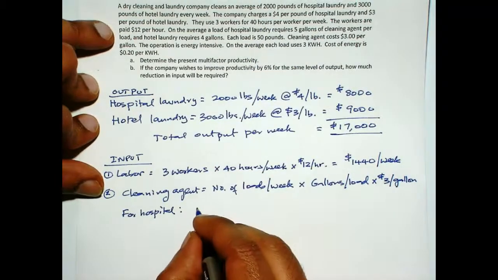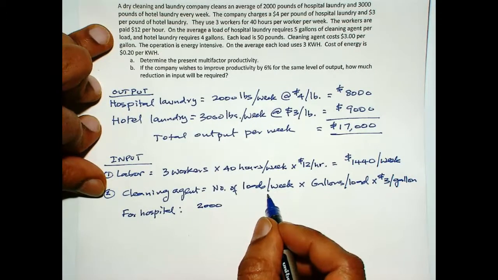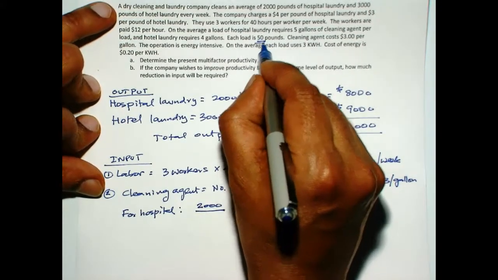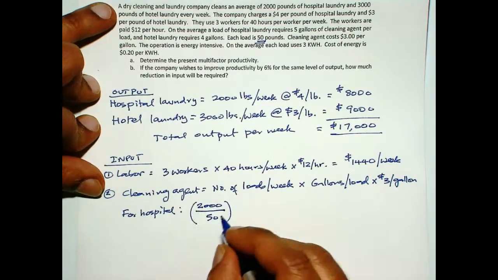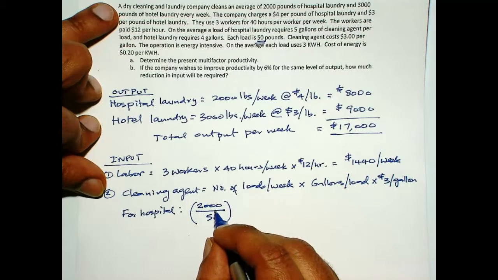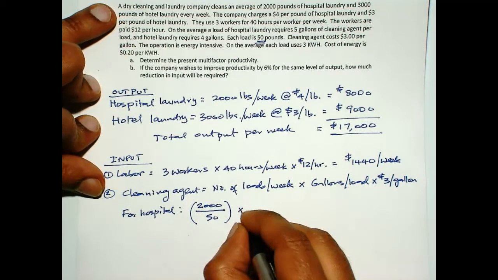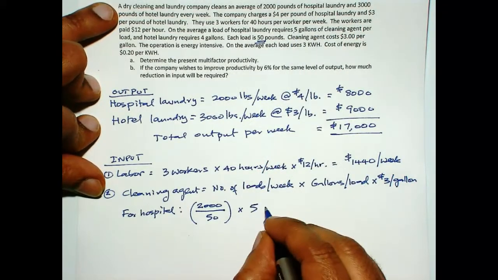So if you divide 2,000 by 50, that will give us the number of loads for hospital. Then times, hospital requires 5 gallons per load times $3. So that gives you $600.